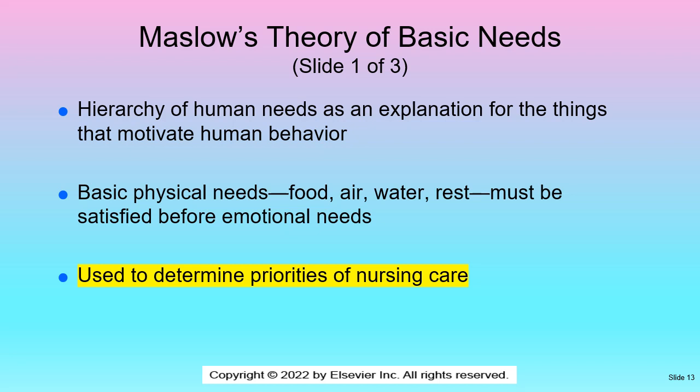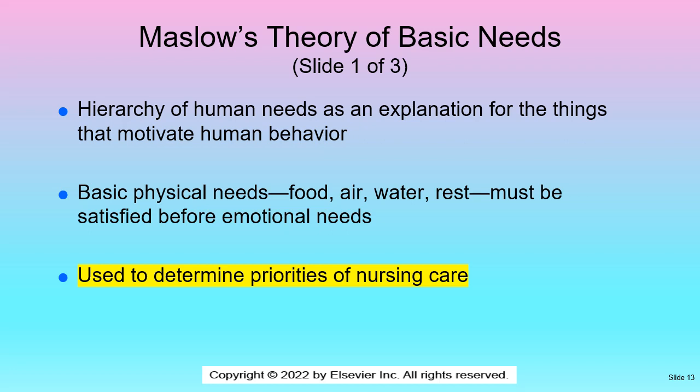This is used to determine priorities of nursing care. So when we ask you to prioritize your nursing issues or the problems you've identified, you come up with nursing hypotheses, you always start with the basic needs first. A lot of times we'll say ABCs, airway, breathing, circulation. Then we graduate to the Maslow's hierarchy of needs, food, water, rest, and then you continue upward toward the emotional levels, which I'll show you an example of here shortly.